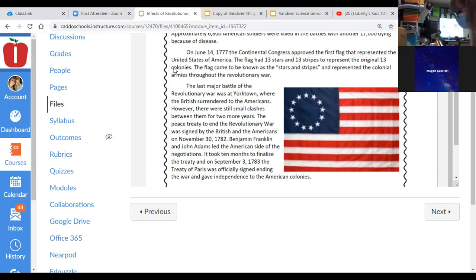Okay. Describe the meaning of Stars and Stripes. So this was the first flag of the United States of America.